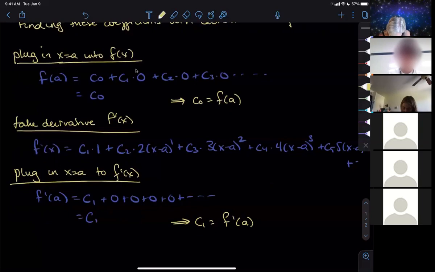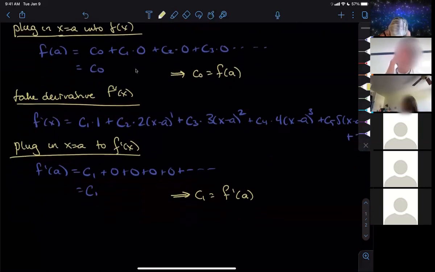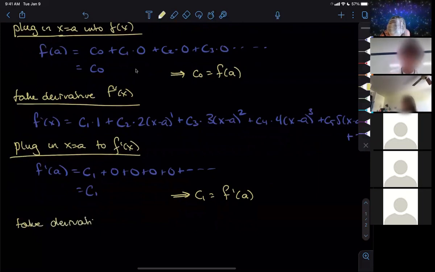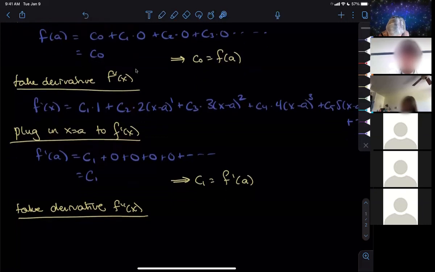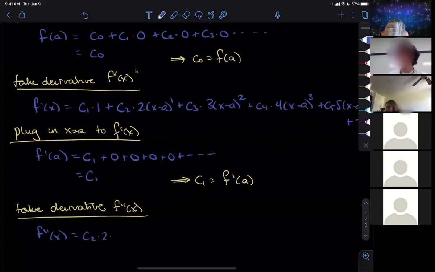Okay, so let's just keep doing the same thing. Take another derivative, f double prime of x. So we're looking at this line right here. I'm going to take the derivative of this line. This is a constant, that goes away to 0. This is going to be c2 times 2 times the derivative of this thing. Derivative of this thing is 1. So I've got c2 times 2 times 1.